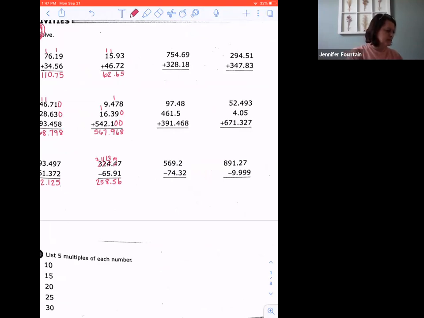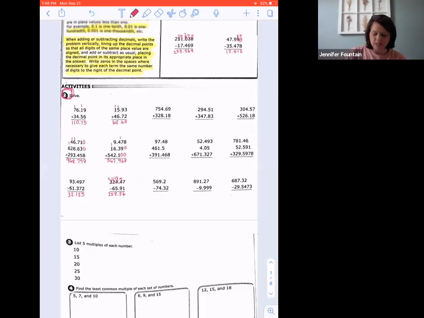Okay, so activities 2 on page 51, and then activities 5 on page 52. I'll go ahead and write that down. So that's equalities with variable is activities 5, page 52. And then we have activities 2, page 51.